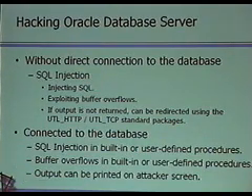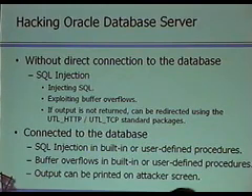Well, the ways in which an Oracle database server can be hacked can be divided in two groups: when the attacker is not connected directly to the database server, and when the attacker is connected to the database server as a normal user. If the attacker doesn't have a connection to the database server, for example, in the case of a web application user, the attacks that he can do are SQL injection attacks.